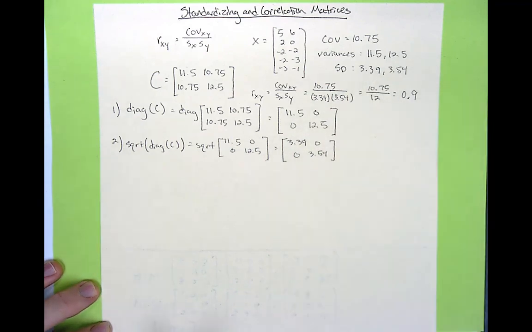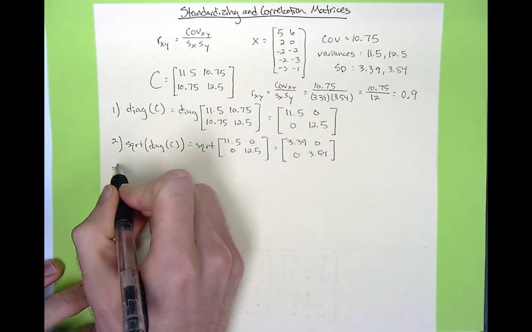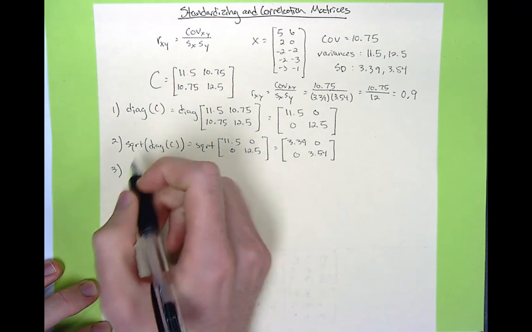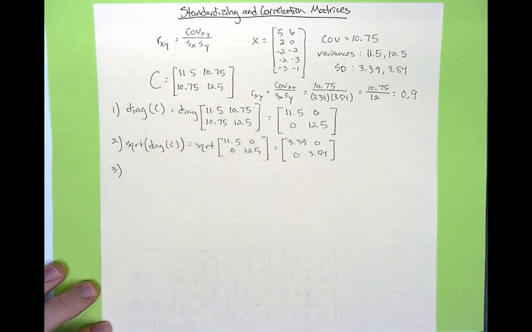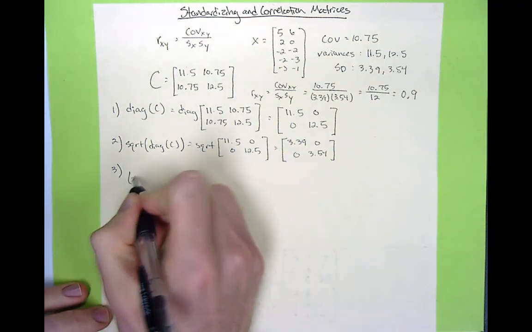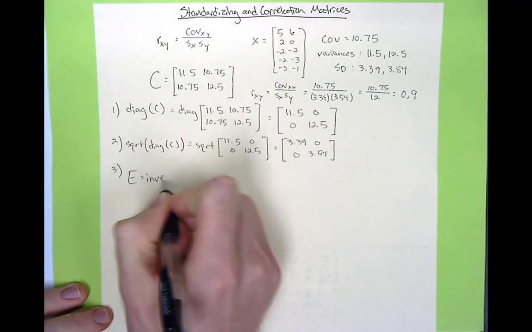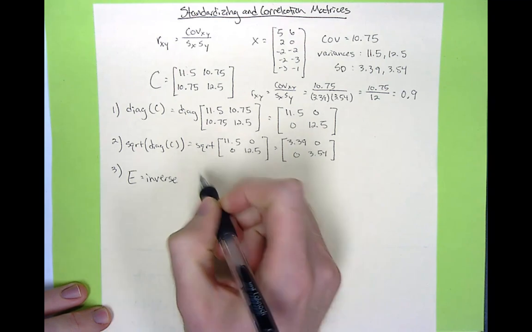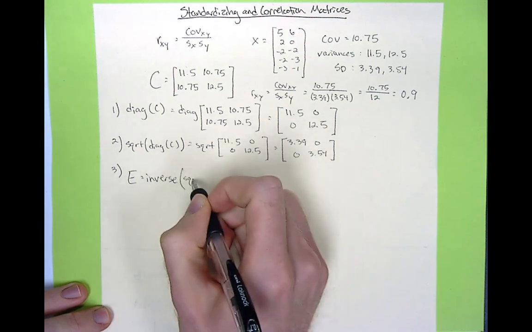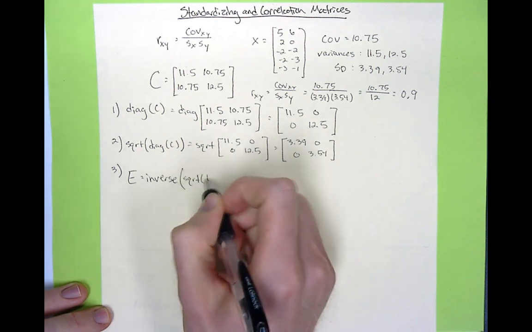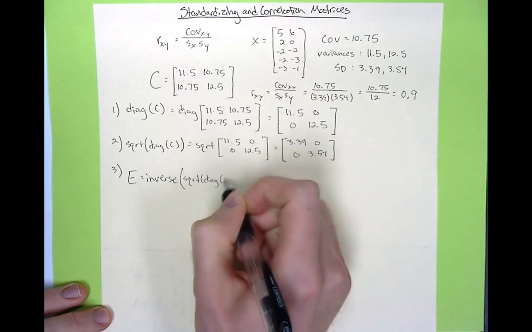The third step, you get the inverse of the matrix. For a diagonal matrix, take the inverse of each element. So what we're going to do, we're going to call this E like I said before, and it's the inverse of the square root of the diagonal of the covariance matrix.